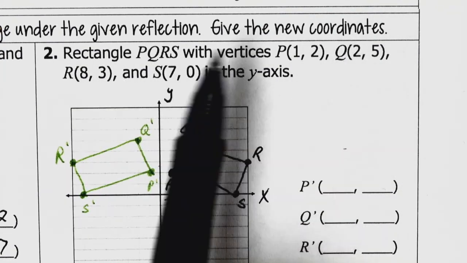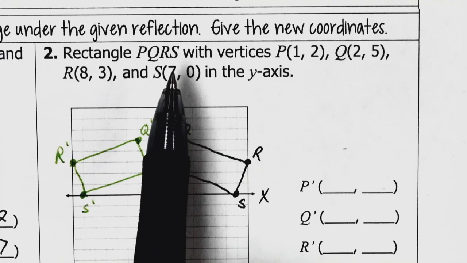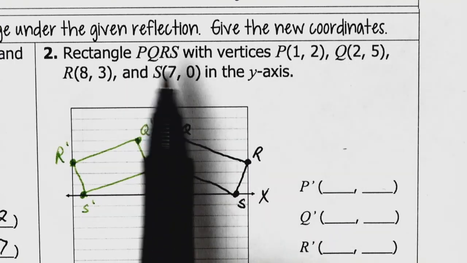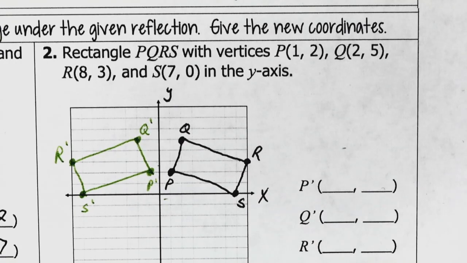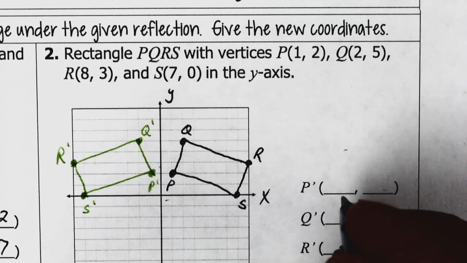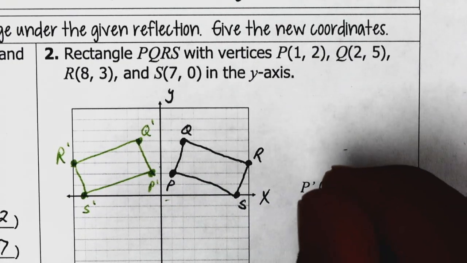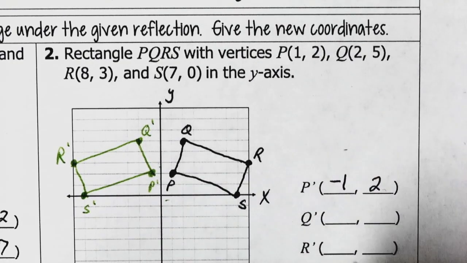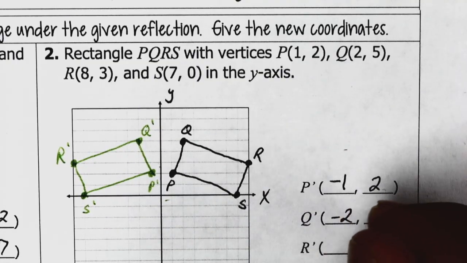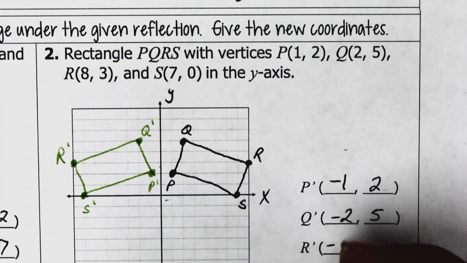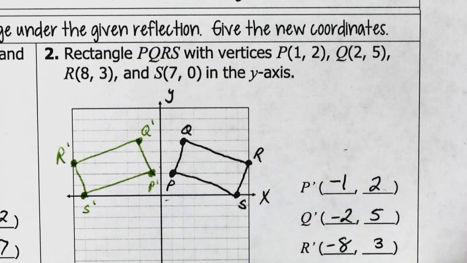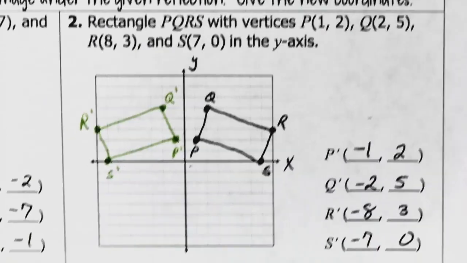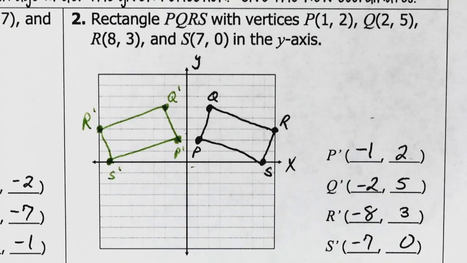So the 1, 2, 8, and 7 are going to become negatives, and the 2, 5, 3, and 0 are going to stay the same. So P prime is at -1, 2, Q prime is at -2, 5, R prime is at -8, 3, and S prime is at -7, 0.